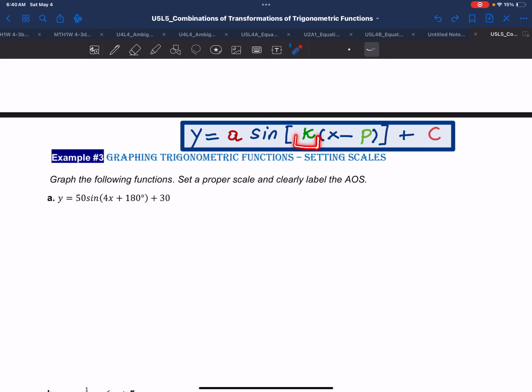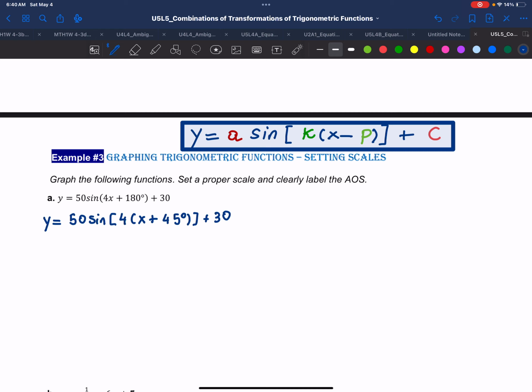Please don't make it, it's very easy to avoid as well. So we're going to rewrite this equation with k in factored form. 50 sine 4 times the quantity x plus, remember 180 now is divided by 4 because 4 is a factor, 45 degrees, and then plus 30.